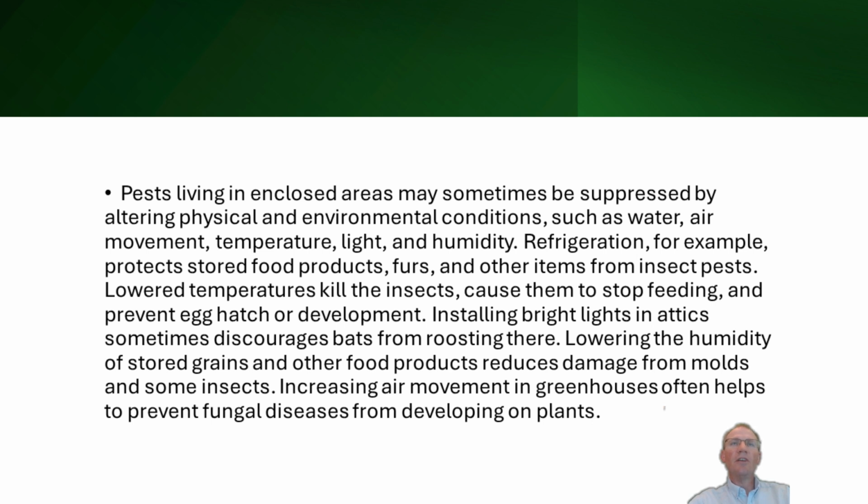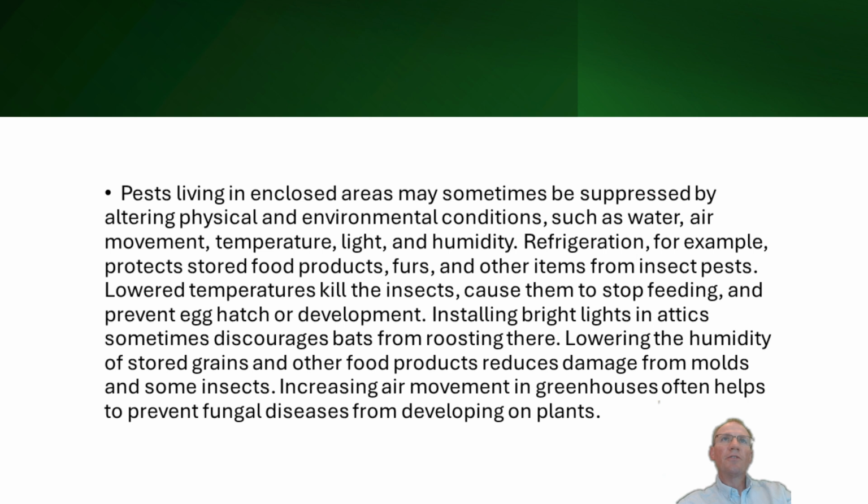Lowered temperatures kill the insects, cause them to stop feeding, and prevent egg hatch or development. Installing bright lights in attics sometimes discourages bats from roosting there. Lowering the humidity of stored grains and other food products reduces damage from molds and some insects. Increasing air movement in greenhouses often helps to prevent fungal diseases from developing on plants.